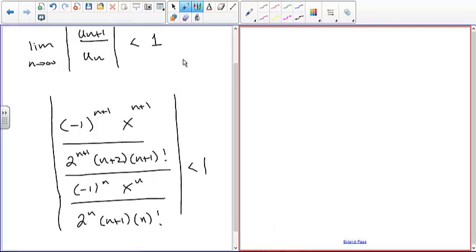So what we do is we take each one of these terms and we create an individual fraction so we can ultimately simplify them. So we've got negative 1 to the n plus 1 divided by negative 1 to the n. In the numerator here we've got x to the n plus 1 divided by x to the n.